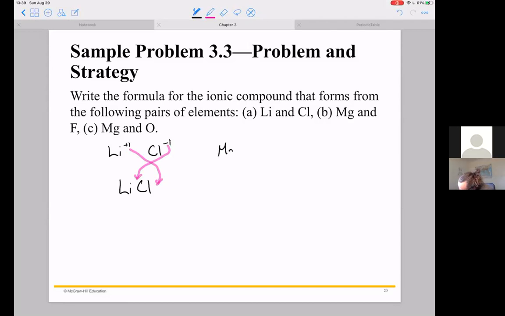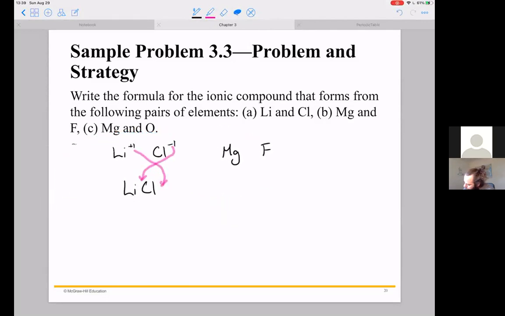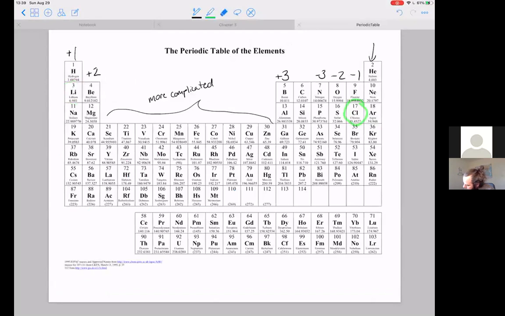So what about magnesium and fluorine? Make a little bit more room for the third example. Magnesium and fluorine. Again, I've got to find them on the periodic table to find their charge. Magnesium lives over here in column 2.